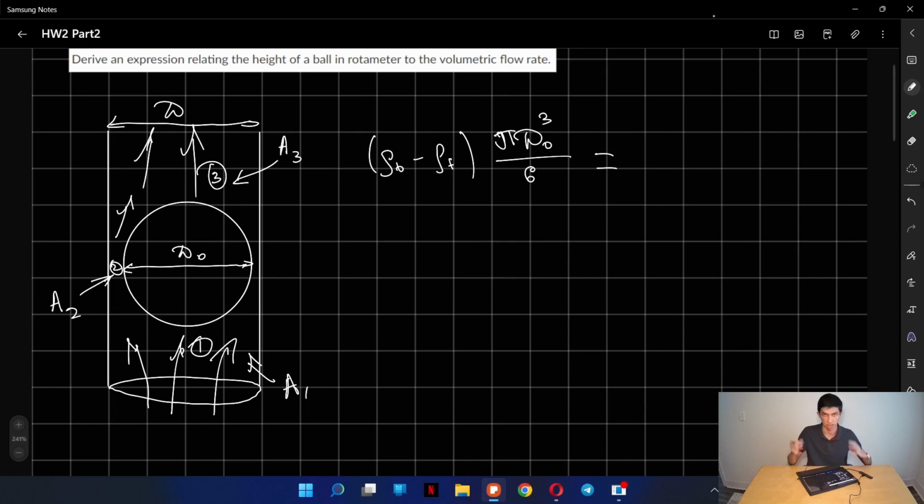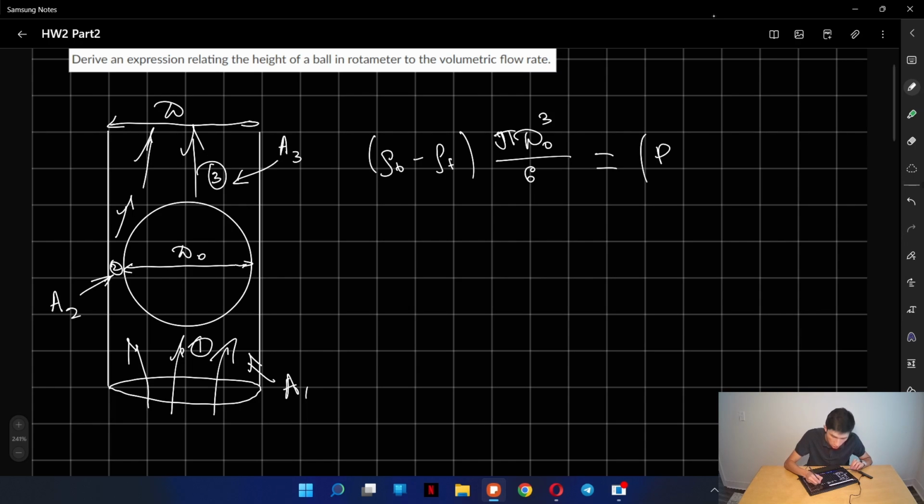This should be equal to the other force, as we're considering it to be in a force balance. The other force acting on the ball is the pressure force, which is the pressure times the cross-sectional area. We're going to consider only the first section and the third section, these 2 points.